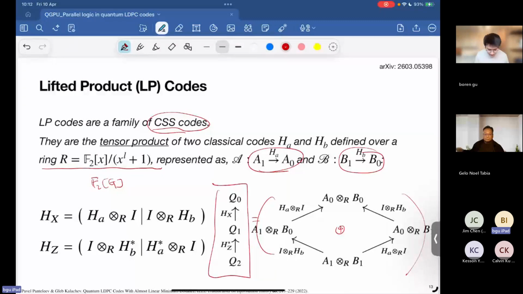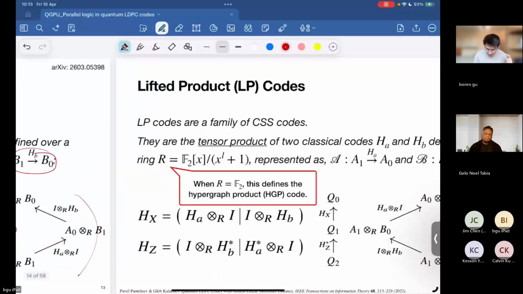In this sense, you get the so-called length 2 chain complex representation of a CSS code, also of this lifted product code. And on the other side, we have the very standard binary parity check matrix representation.